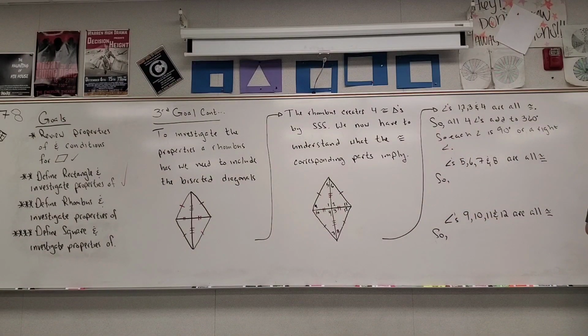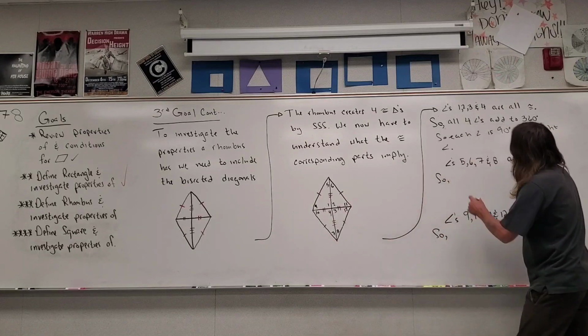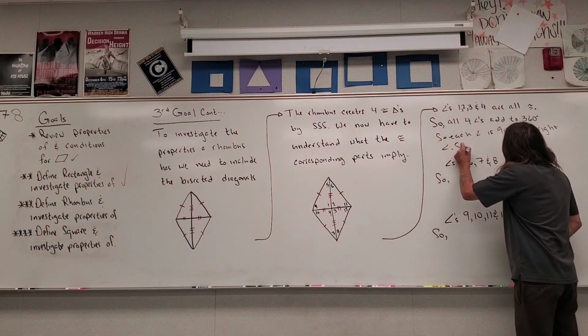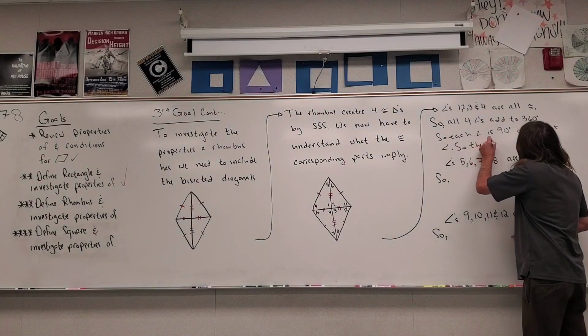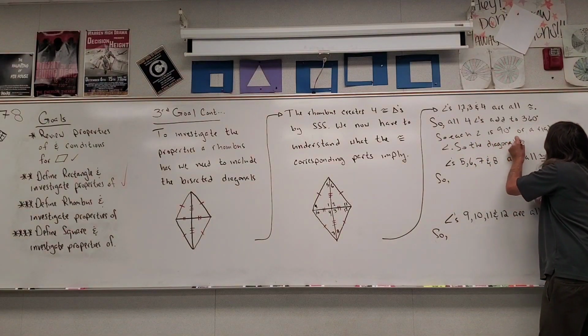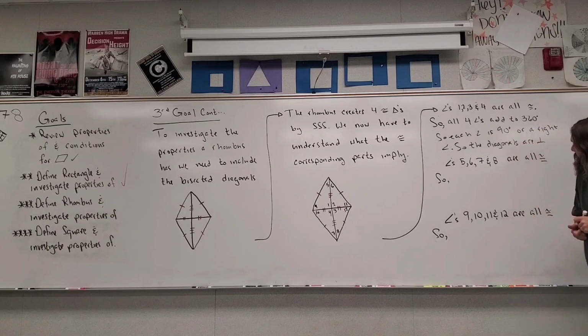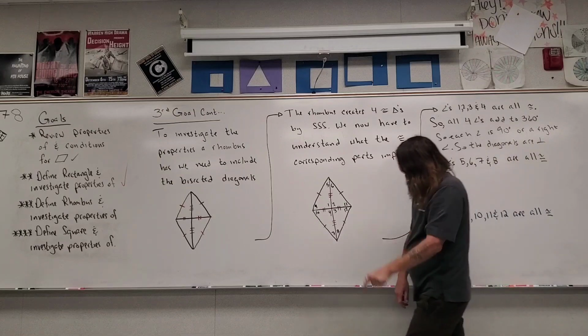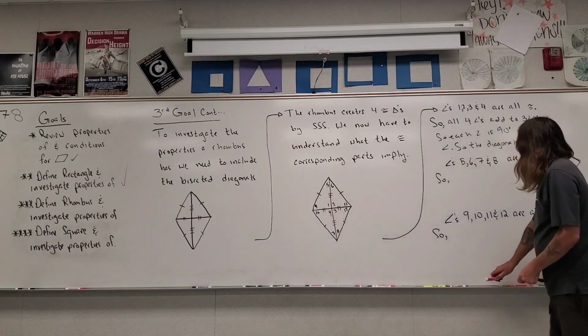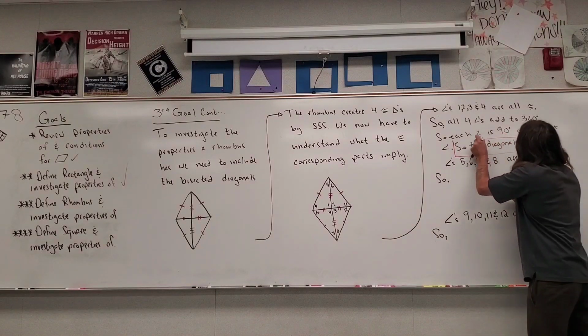So what this implies is the diagonals are perpendicular. That is a property of a rhombus. Let me put a square around that result.